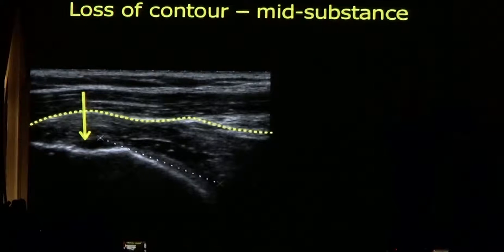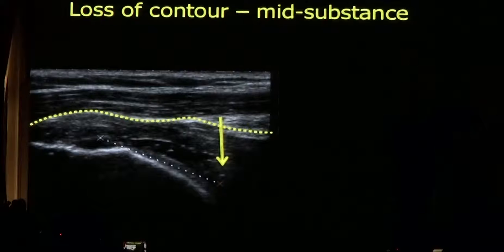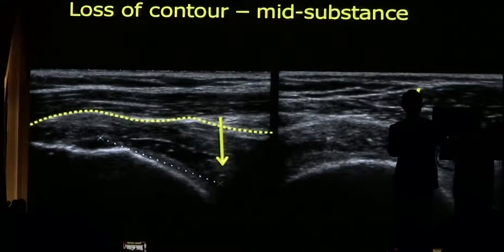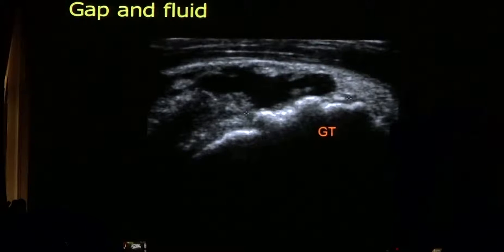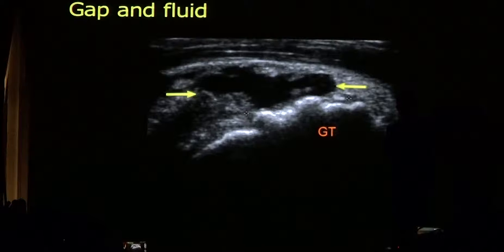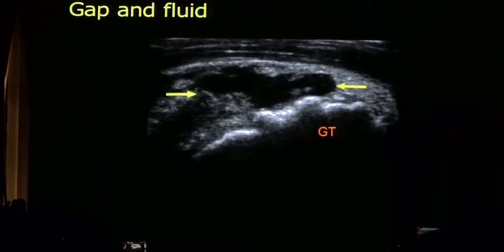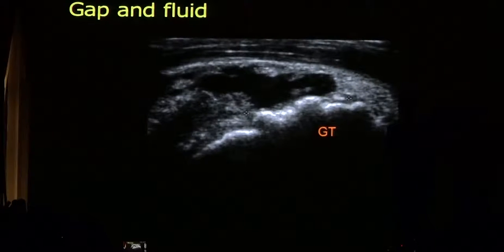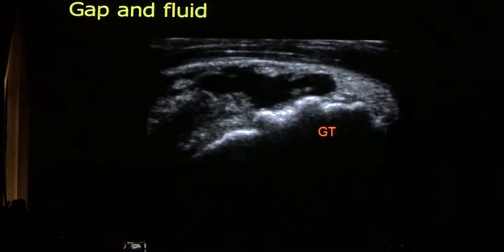Again, another example here with loss of the contour, and there's the extensive tear. And then it may be that if you release the pressure of the probe, you will see fluid filling the gap, and you can see the hypoechoic fluid in the gap representing the tear. Again, notice how irregular the greater tuberosity appears.